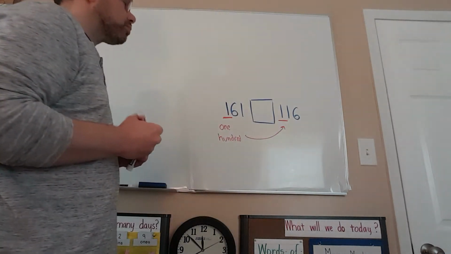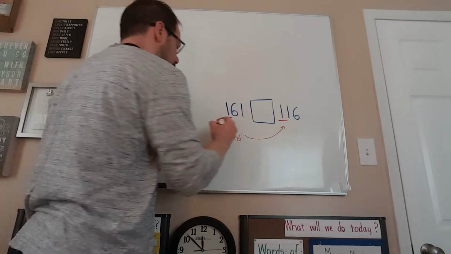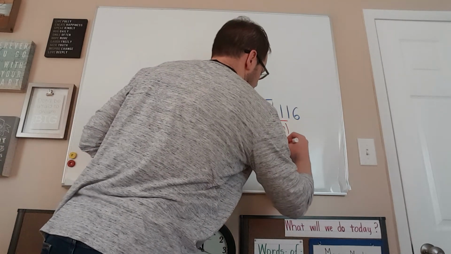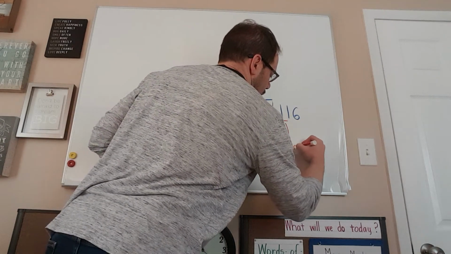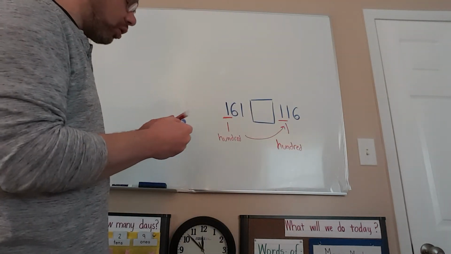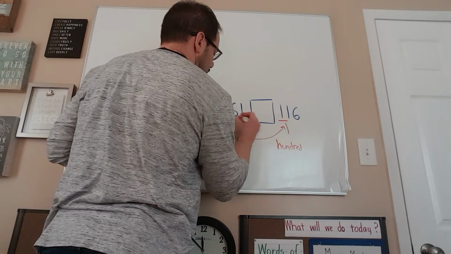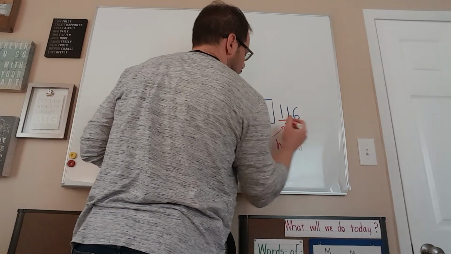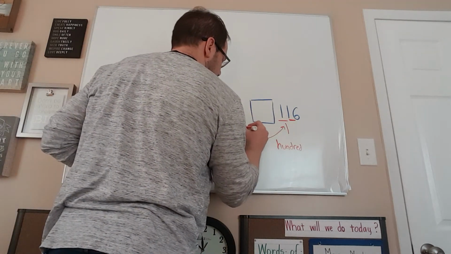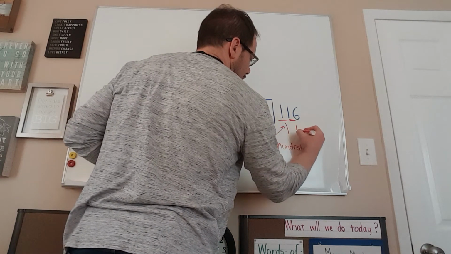Okay, now I should write that as a 1, like as a number 1, 100. This also has 100. All right, now we have to go to the second column, which is the tens column. Here's the tens column. So this one has 6 tens, and this one has 1 ten.